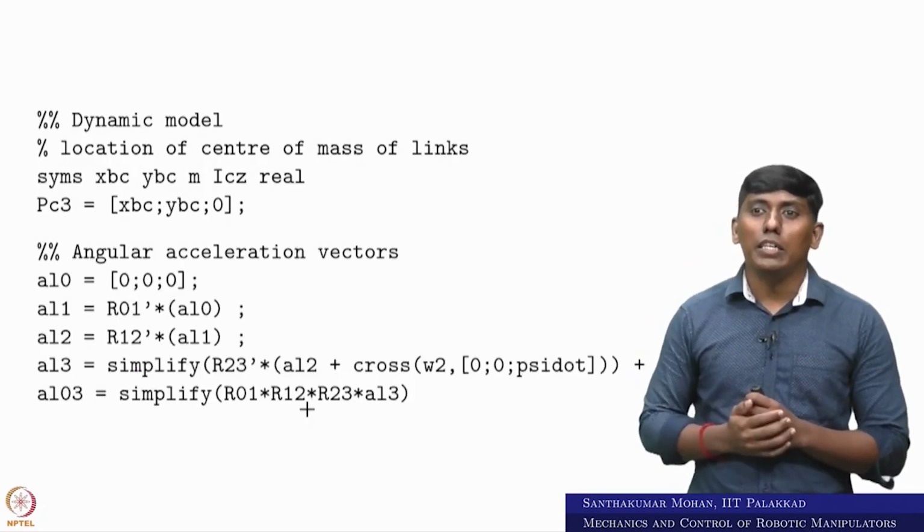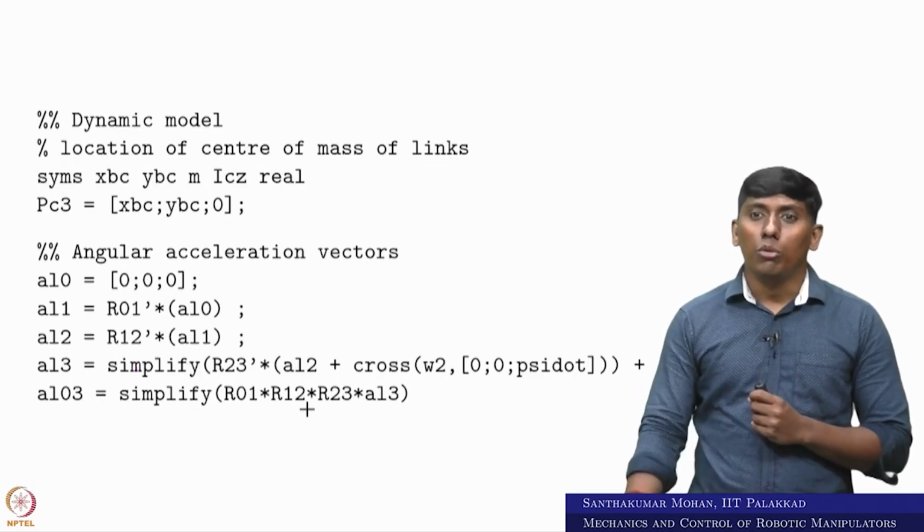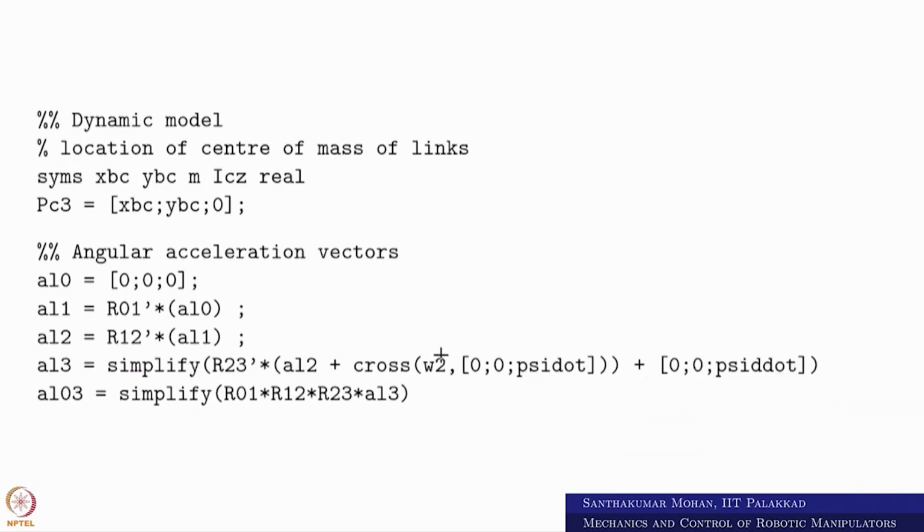In the sense, first we calculate the angular velocity. In the angular velocity, you can see the cross product, which is coming as the simple gyroscopic effect, and then you can see the angular acceleration of that particular joint. Like that you can do it.